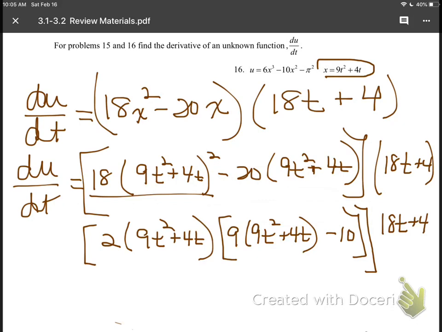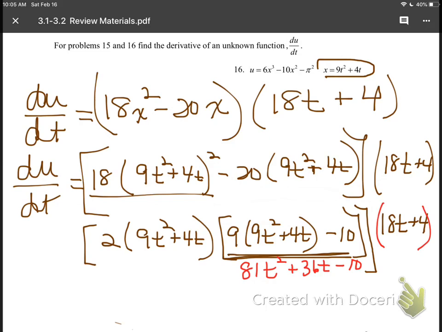What I probably would do is just work on this piece in here because I don't want to have a minus 10 hanging there. So this is 81t squared plus 36t minus 10. And then the whole thing is multiplied by 18, so I should have this absolutely in parentheses.